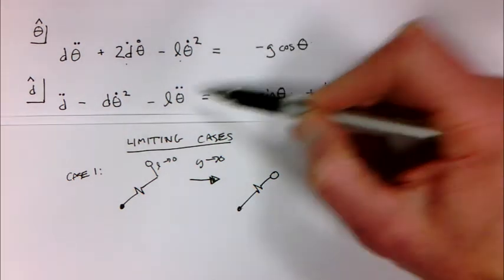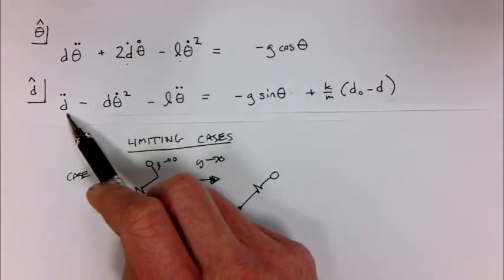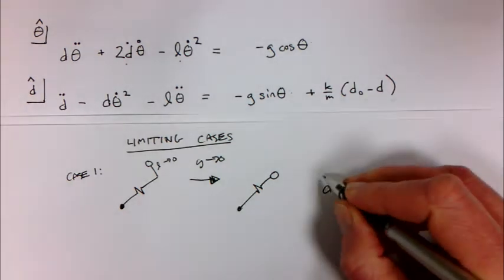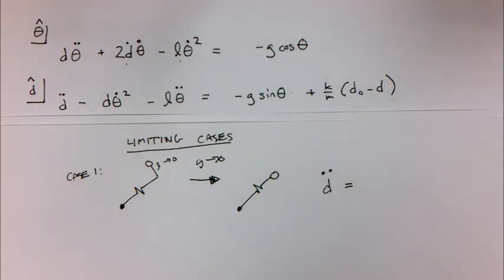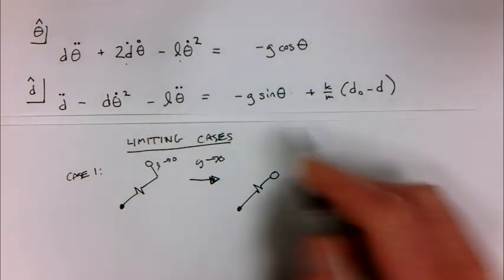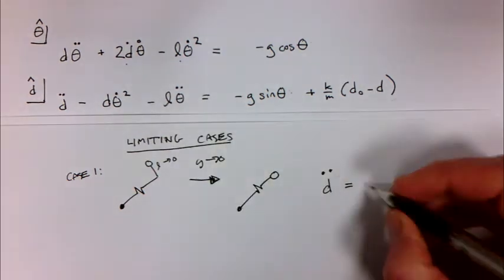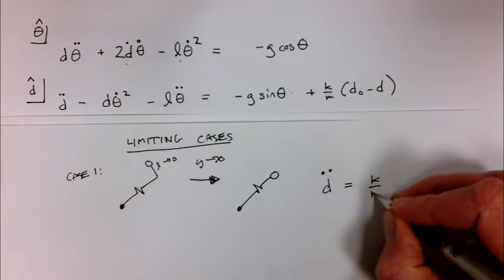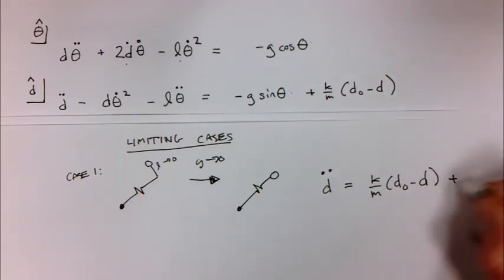And once I've made those things go to 0, I can also see that I've now got d double dot equal to, well, let's think about what d double dot is going to be equal to. I can collect terms. I can bring this over to this hand side. This is 0, this is 0, and so I get k over m times d naught minus d plus d times theta dot squared.